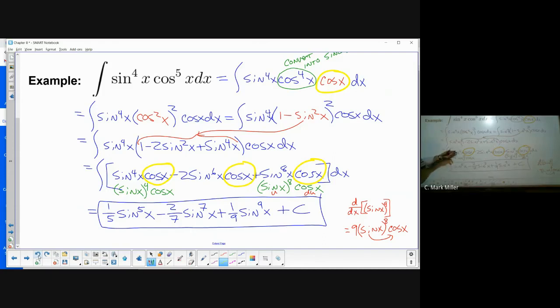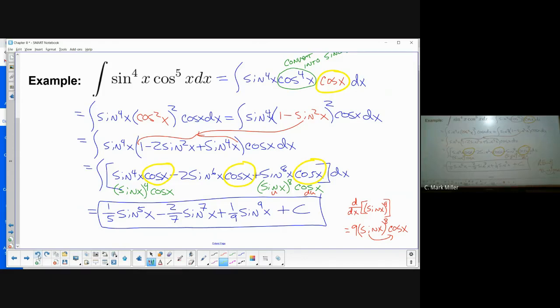So you got sine to the fourth power times cosine, sine to the sixth power times cosine, sine to the eighth power times cosine. That's a function to a power times its derivative, and that allows us to integrate those pretty straightforward.